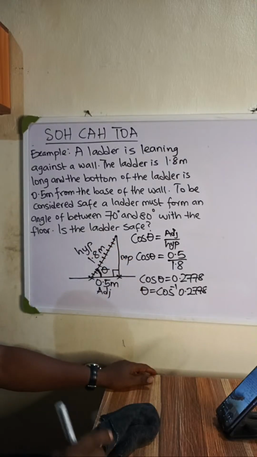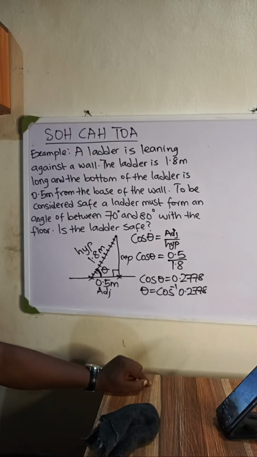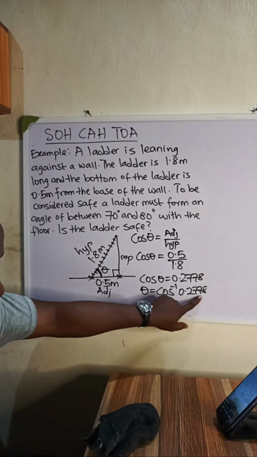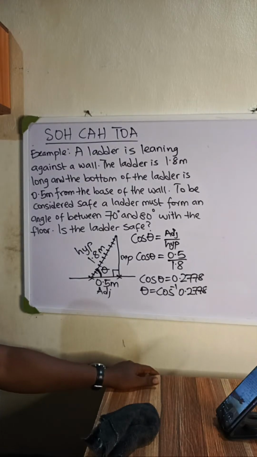You press shift, you press cos, and then you type this number. So when you do that, what will you get?